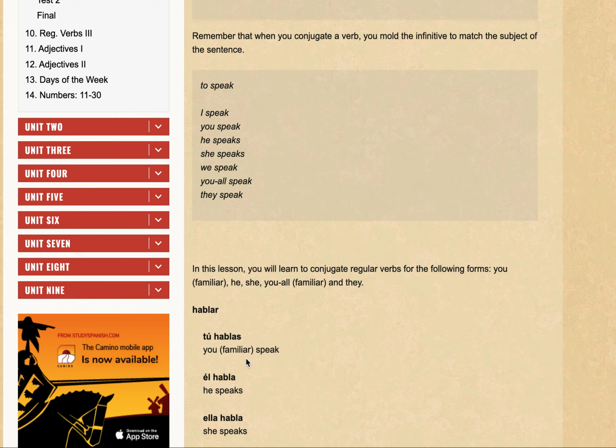And what differentiates each one of them is what we are going to add to the verb once we remove the ending, right?